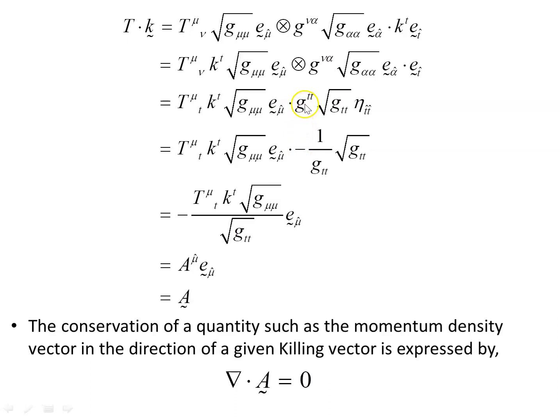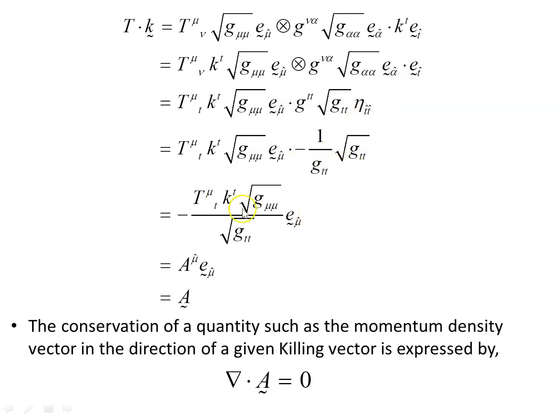G_TT is the same as, for a diagonal metric, 1 over G_TT. If we're working with a diagonal metric, then we have 1 over G_TT times that. And we're left with this object here, E mu hat. Remember, these two basis vectors have been contracted, and we've produced the scalar -1.